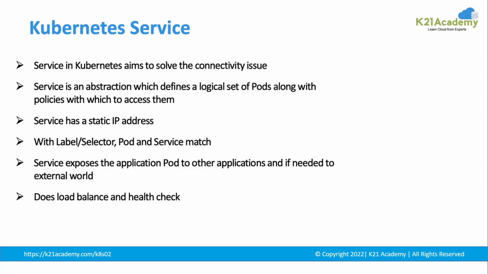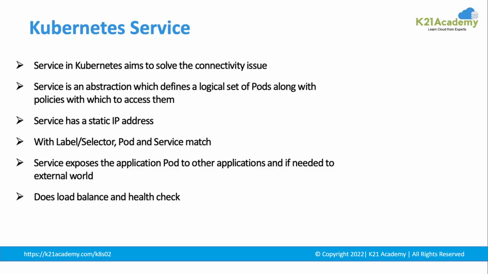So a pod does not have a static IP address because it is a process. We can kill a process, stop it, delete it, recreate it, and the IP address changes that time.